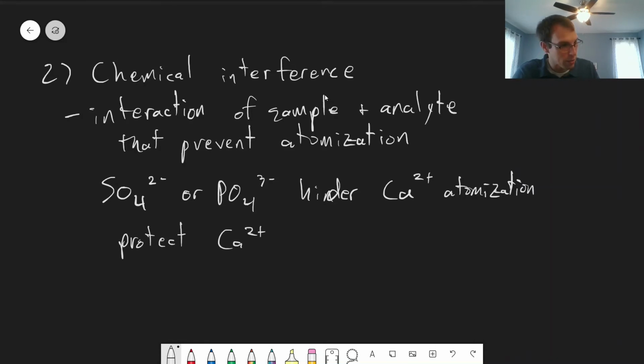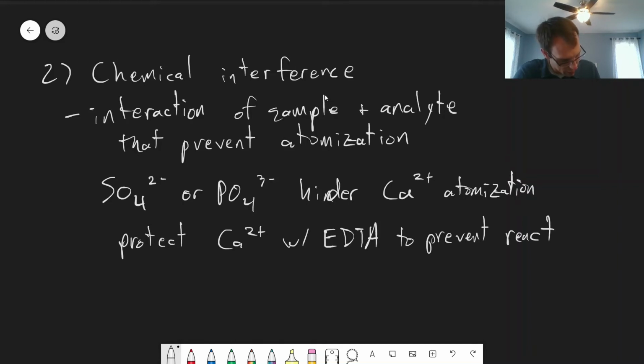Protect calcium with EDTA to prevent reaction with these, because the EDTA will complex the calcium, and the EDTA will be burned up in the atomization process where the sulfate and phosphate won't. Or you can add something to react with the sulfate and phosphate.